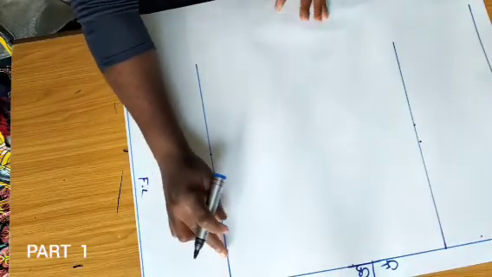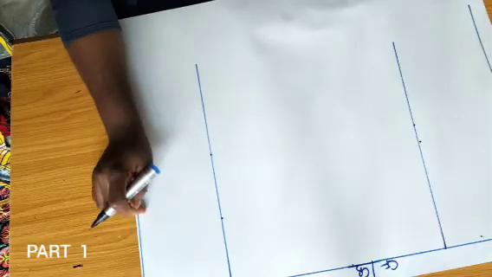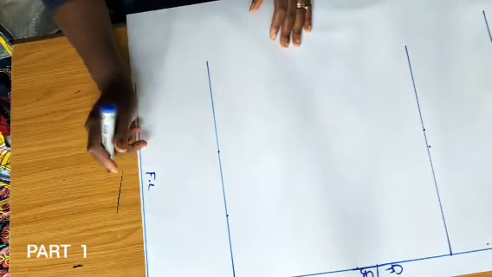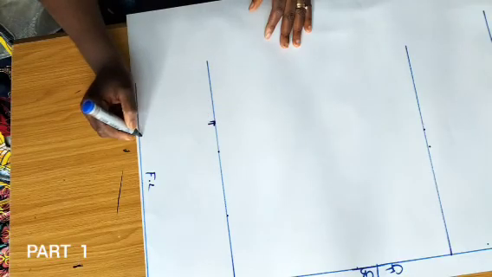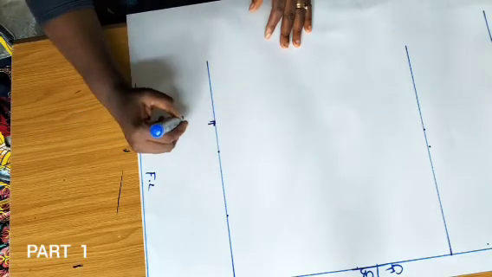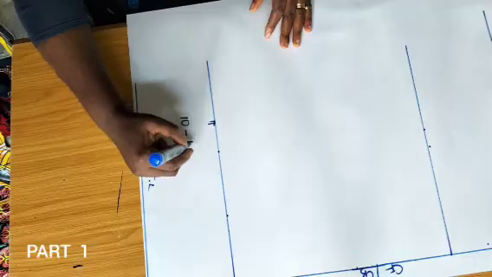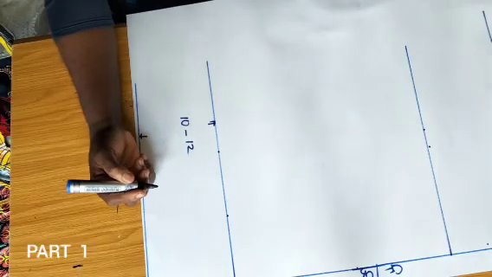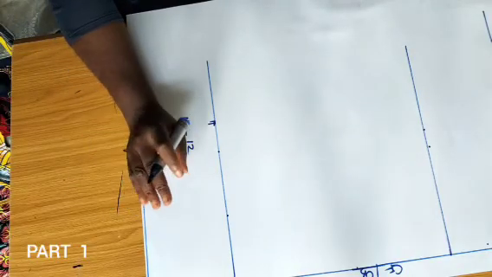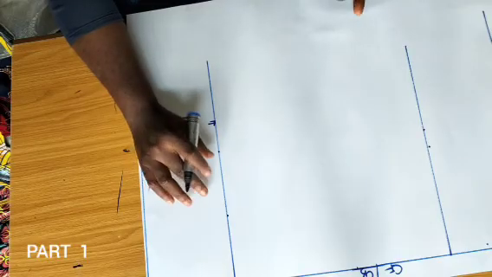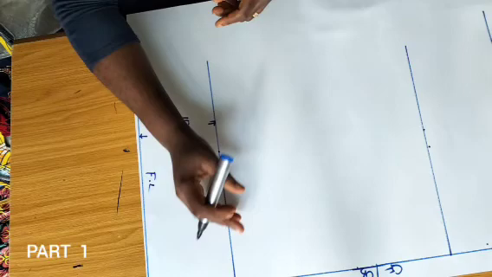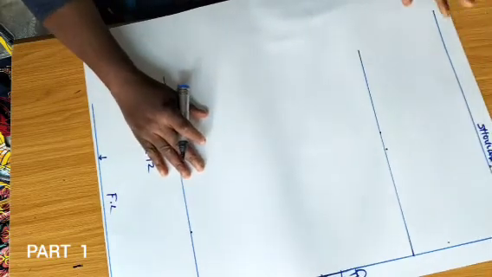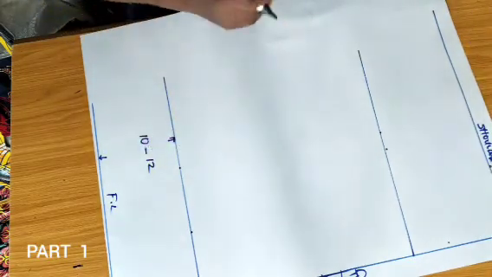For this one it is just 10 inches from the full length. You come up by 10 inches and you mark. So from here to here we will be making use of 10 to 12 inches. That is the width of the other part of the gown, which we are going to gather and add, like we always have in tiered gowns.